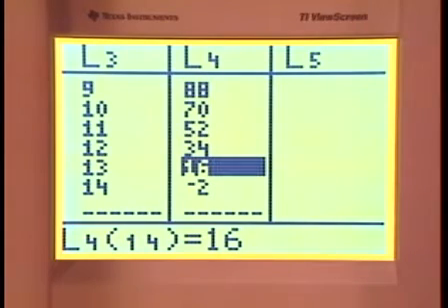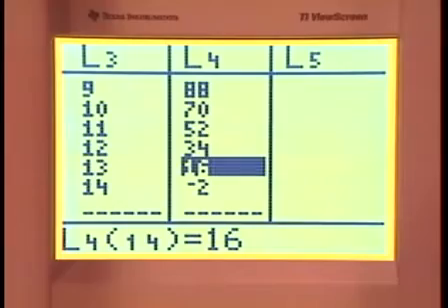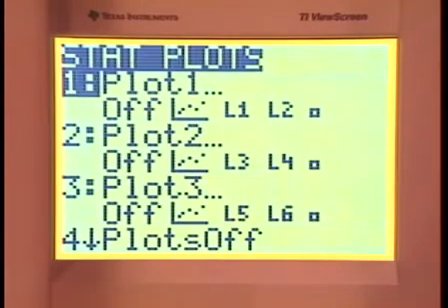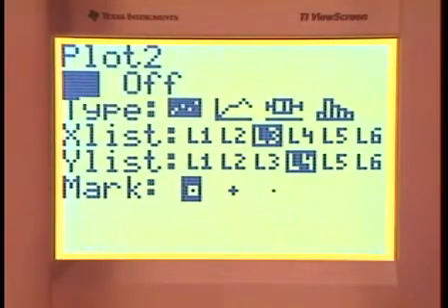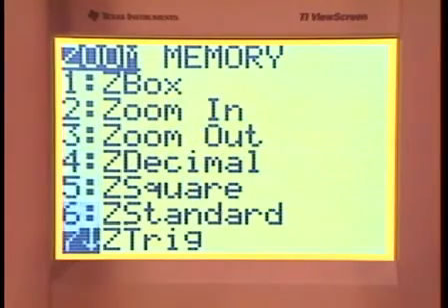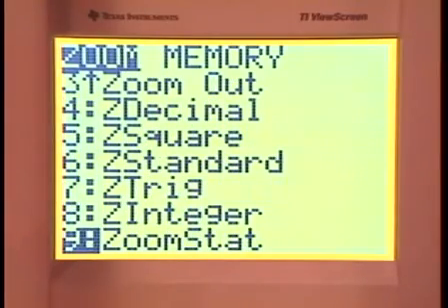And when you look at all sorts of payment plans, when you buy a car or a house, very often there's an adjustment made to that last payment. Let us plot these points by turning on Stat Plot. Going down to 2, we want to turn on L3 and L4. Now it's on. We go to Zoom. Zoom 9 is ZoomStat.